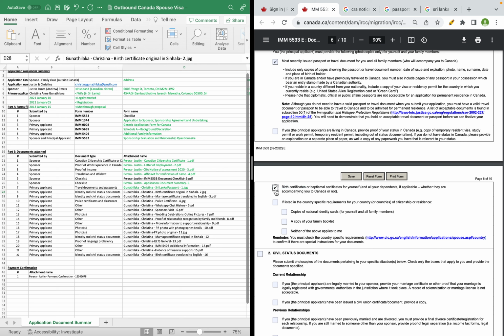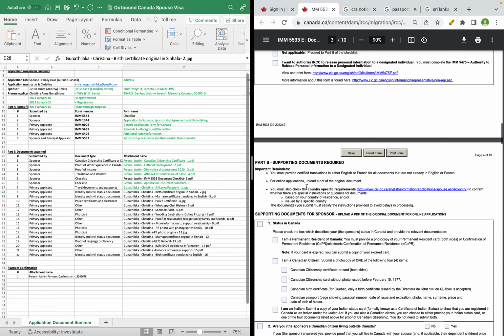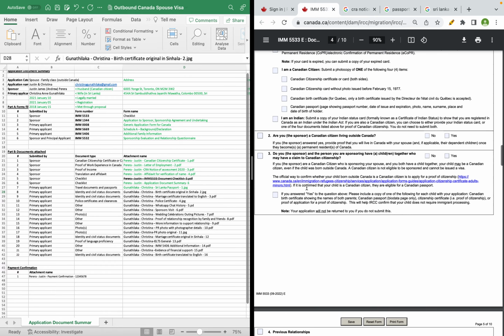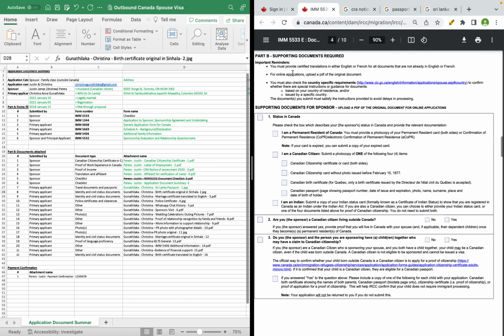I got it translated through a lawyer, so I have to include the original birth certificate as well as the translated one, because remember under the attachment section they are asking you to include the translated copy as well.